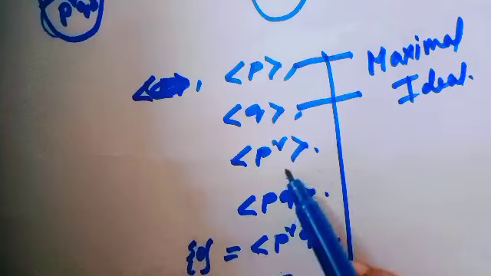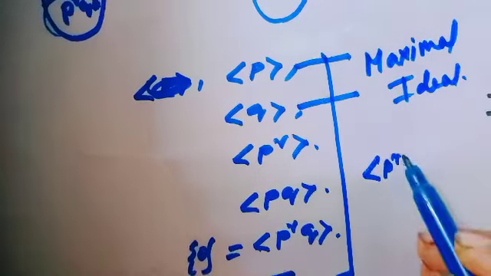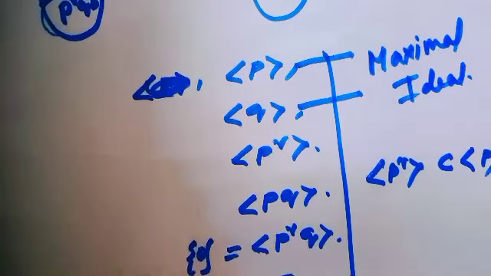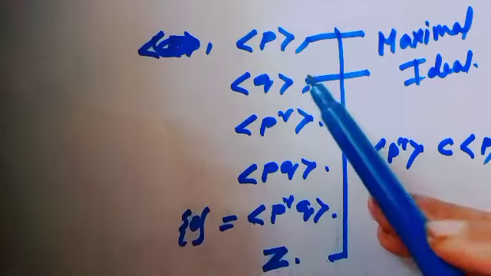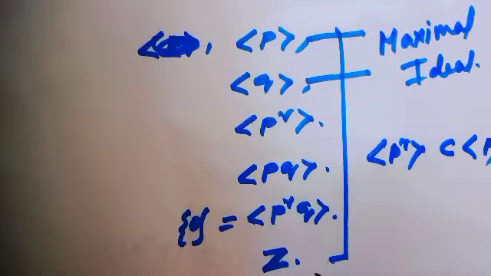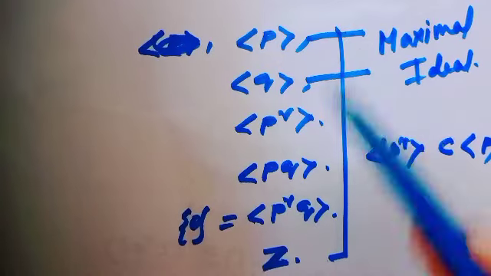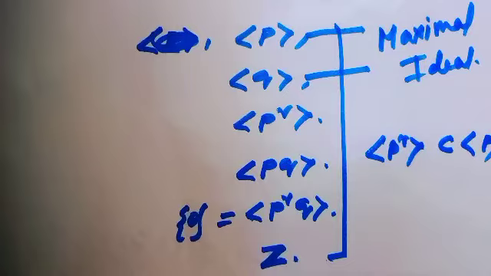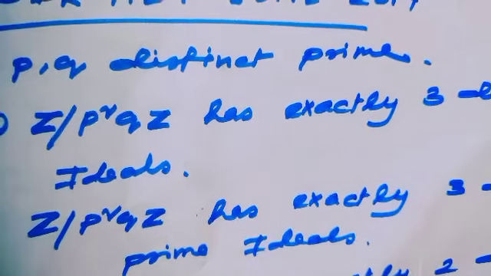If we consider p², then the ideal p² contains the ideal p, so this is not a maximal ideal. Are you getting the idea? Okay. Notice the ring has 1, 2, 3, 4, 5, 6 ideals, and among these ideals only 2 are maximal. So that means option 1 is a wrong option.